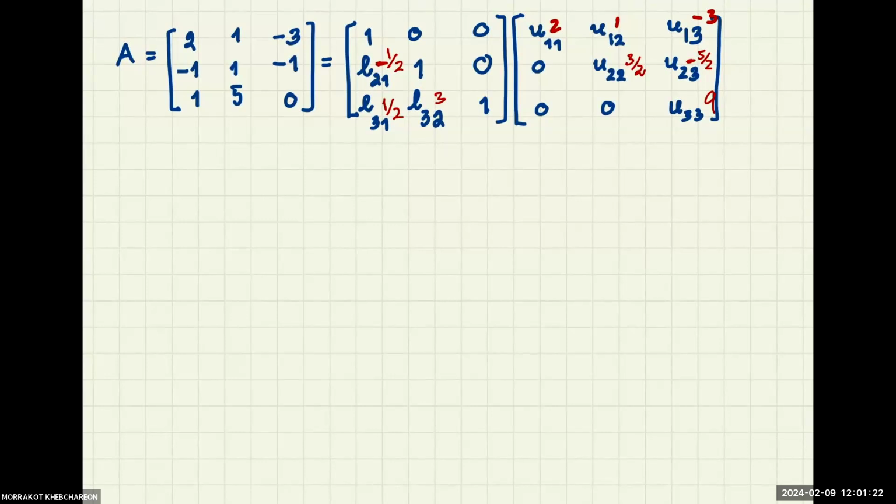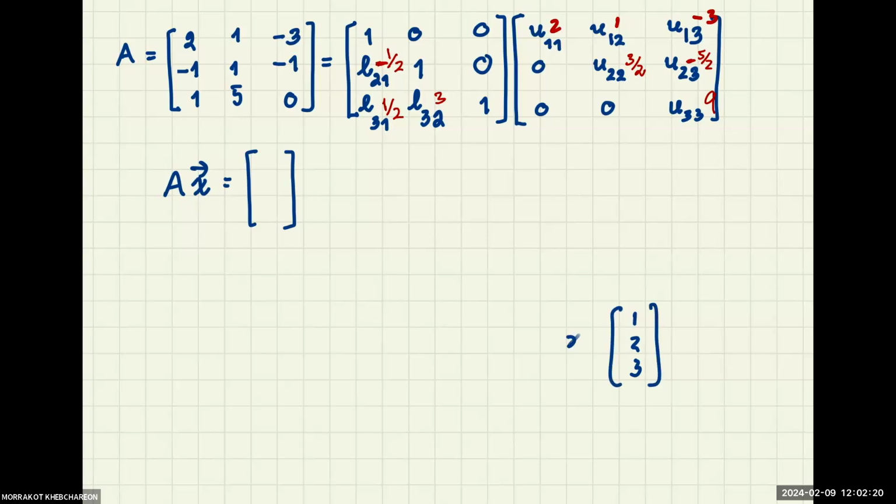Now I will try to solve the system A times X equal to B. Suppose I think that my X is 1, 2, 3.